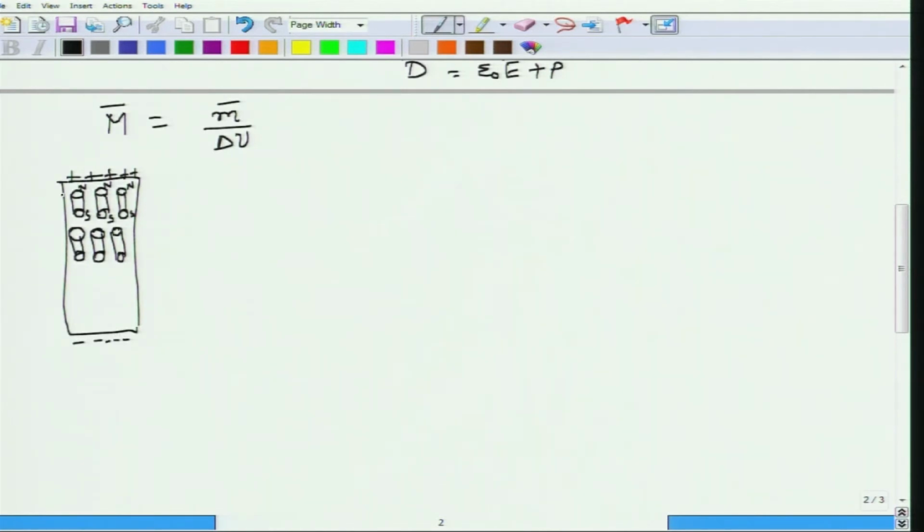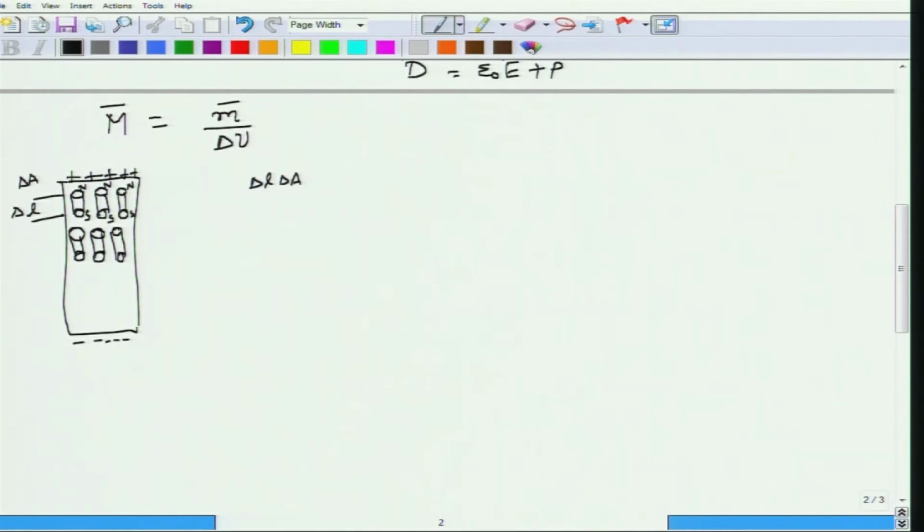So, for this one, if you assume that each of them has a length delta L, and each of them has an area delta A, then the volume occupied by each dipole will be delta L into delta A, or one can actually talk of a group of dipoles. You are not really looking at an individual one, but at a group of dipoles which are averaged. So, this delta L and delta A pertain to those small regions, small enough to be considered microscopic, but large enough to consider several magnetic dipoles together.